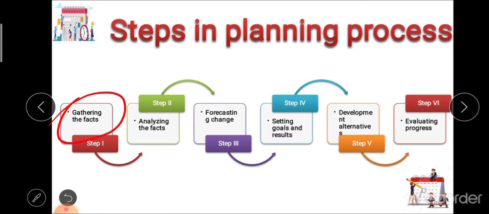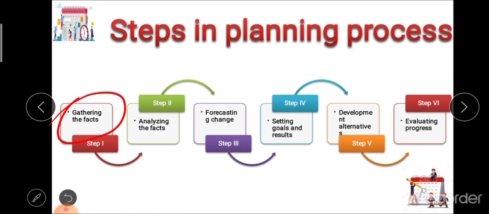After that, the fifth step is developing alternatives. In development of alternatives, we explore different ways of reaching our objectives. These alternatives must be vetted, evaluated and tested in light of unique agribusiness resources.